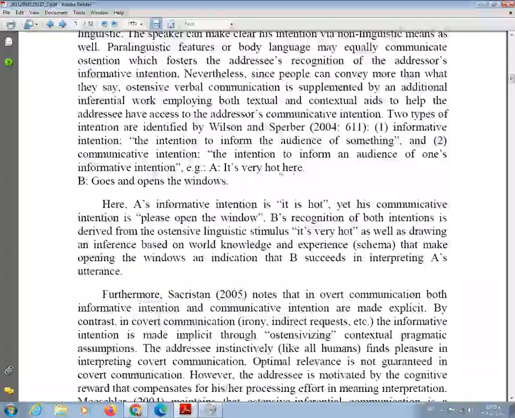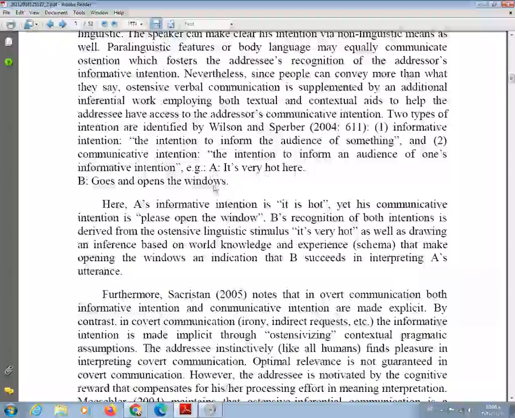These clear messages, B, who is the listener, managed to receive and to understand and to act accordingly. And this is why B doesn't take it as a piece of information that it's hot. No, he or she understands it as an indirect request, and this is why he or she goes and opens the window. Okay, so this is a very important example: ostensive and inferencing.